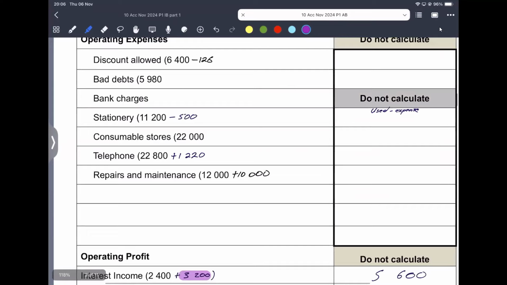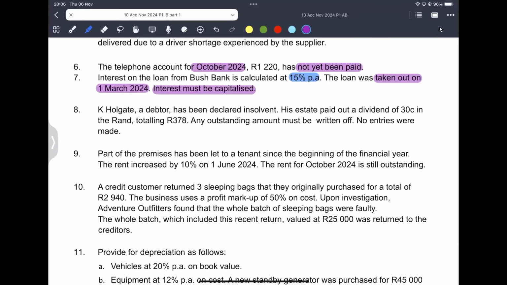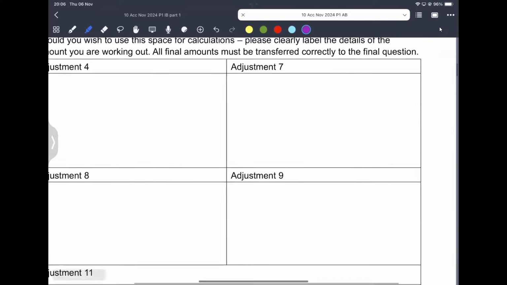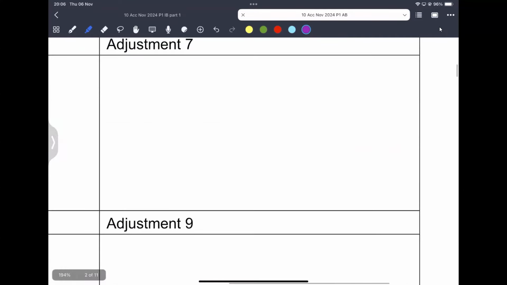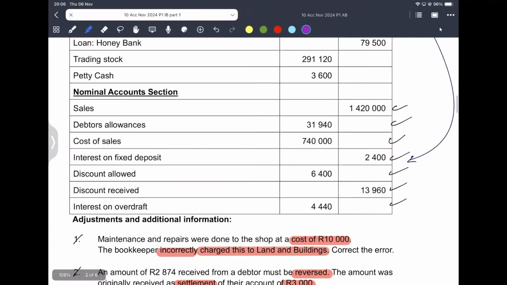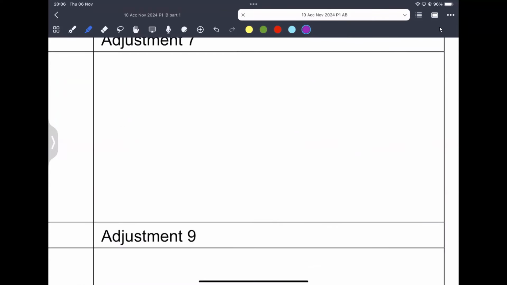Okay. This one requires me to draw my financial year, and it is adjustment number 7. I will write it under adjustment number 7 over here. I need to draw my financial year. It ends on the 31st of October 2024. It means it started on the 1st of November.